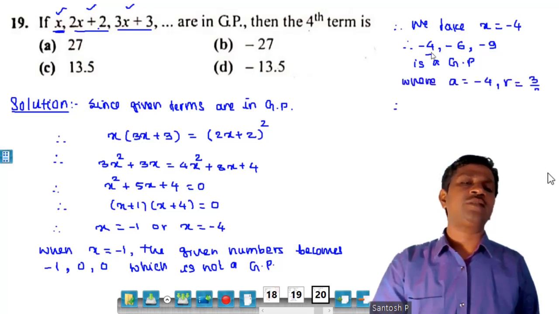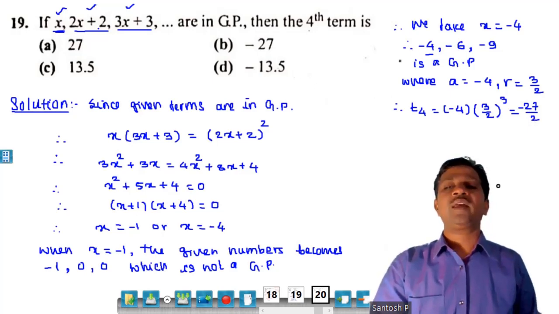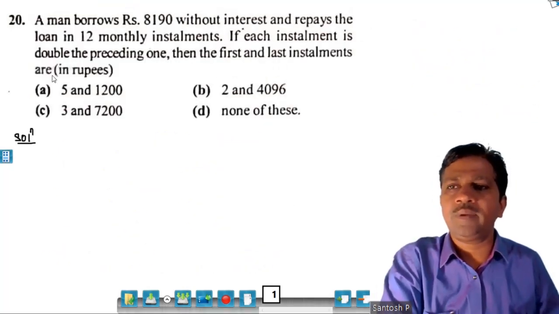So A, the first term, is minus 4, the common ratio minus 6 by minus 4 is 3 by 2, and we have to find T4 by using the formula A into R raised to n minus 1. Here A is minus 4, R is 3 by 2, and n is now 4, so 4 minus 1 is 3. Solving these calculations, we will get minus 27 by 2 as the correct answer, which is given in option D. Let us see now the 20th example.